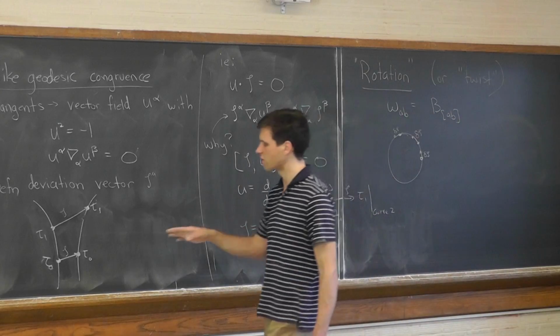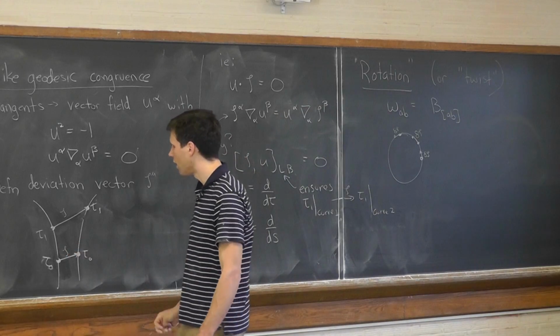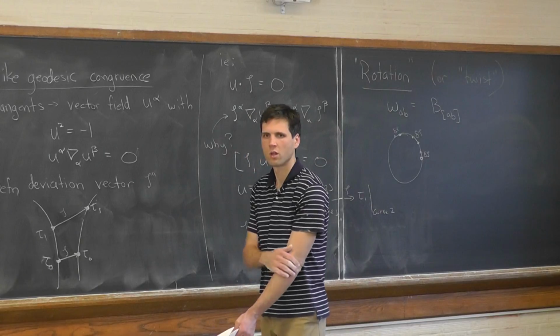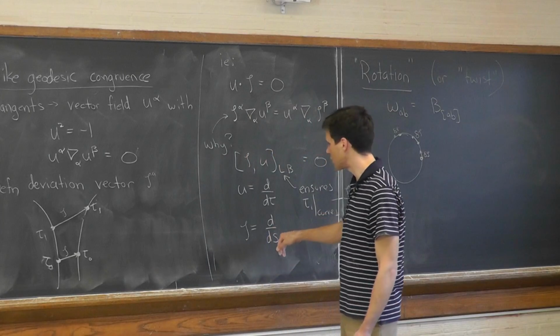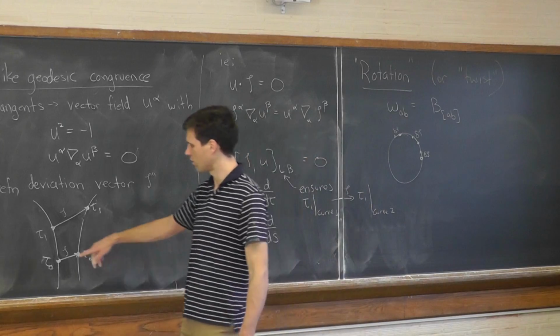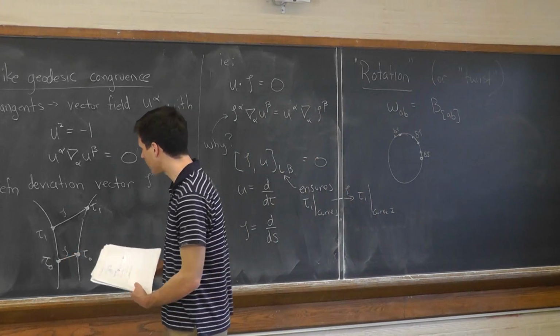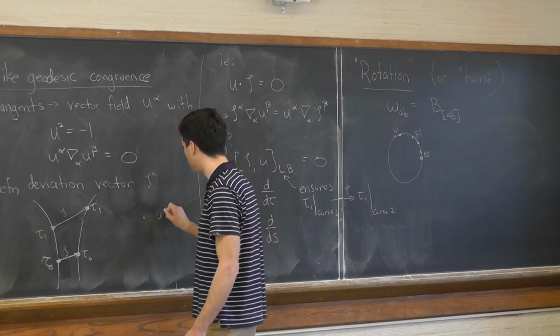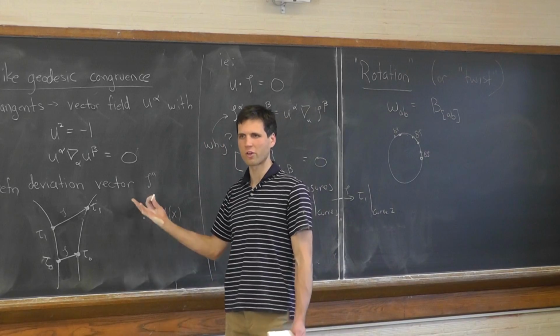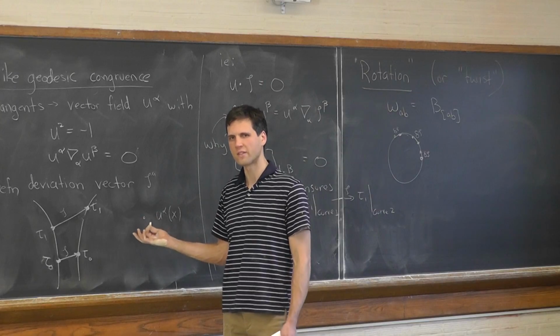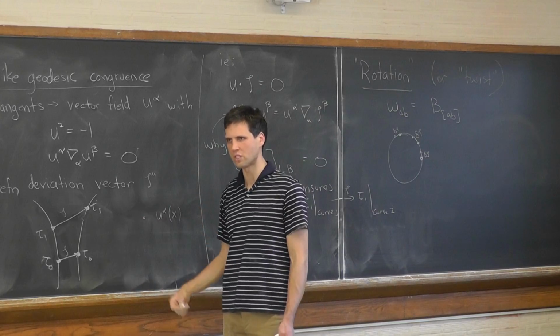Do you mean how we parameterize them within the family? Yeah, exactly. I guess that's the s parameter. That's right, you can think of it that way, although we won't really need to use s. We could just think of the curves at any given point. There's a vector u^α(x), which tells you about the curve that goes through that point. And that's going to be good enough. I don't think we really need to use d/ds again.